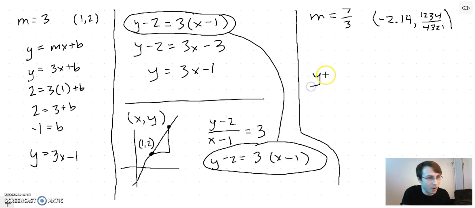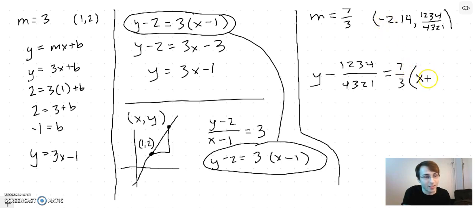So y minus, we take our y coordinate here, 4321, equals, what's the slope? Slope is 7/3. Then x minus this. Since this is negative, x minus negative 2.1234 is x plus 2.1234.